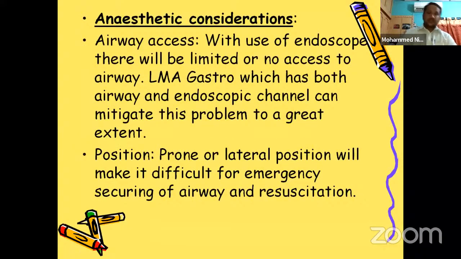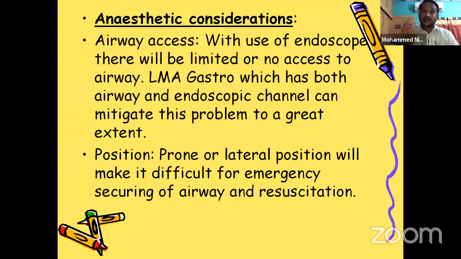The anesthetic consideration in an endoscopy suite is usually airway access. With the use of the endoscope, there will be limited or no access to the airway. Usually the proceduralist or the gastroenterologist puts a scope in the mouth. So to give a small sedation, we put nasal prongs and give oxygen through that, and we give anesthetic drugs. Sometimes the patient goes into apnea.